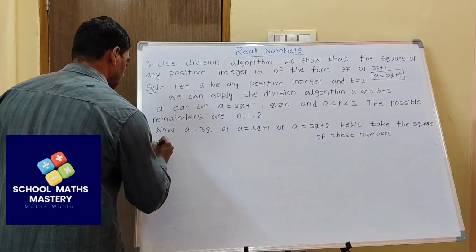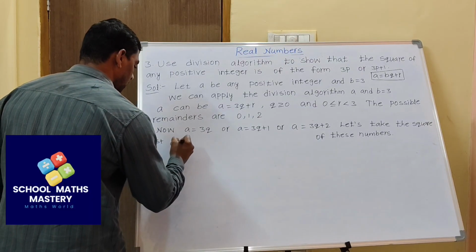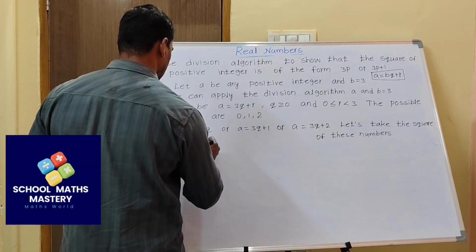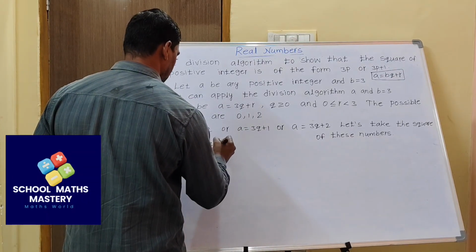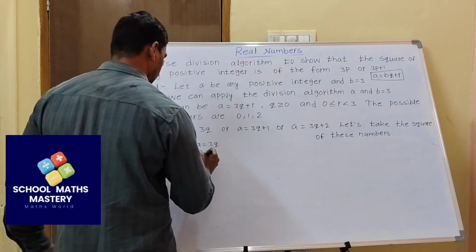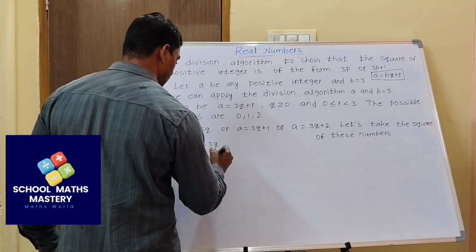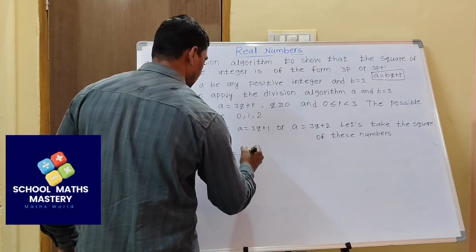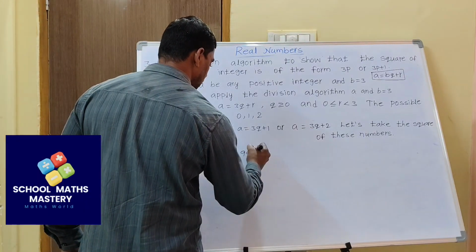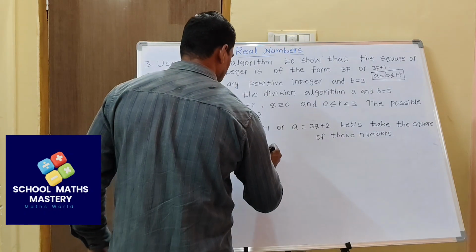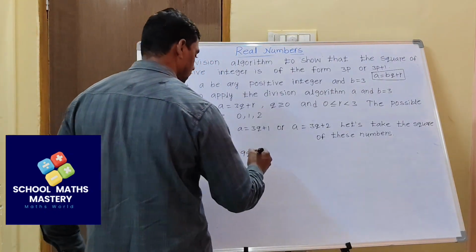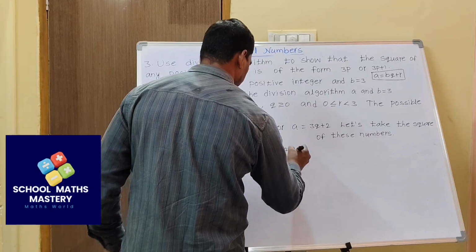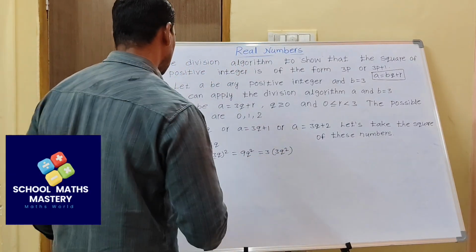First case, a equals 3q. a square equals 3q whole square, 9q square. This is like 3 into 3q square.